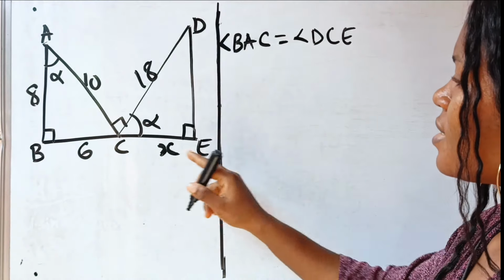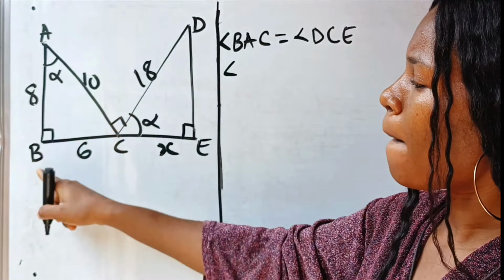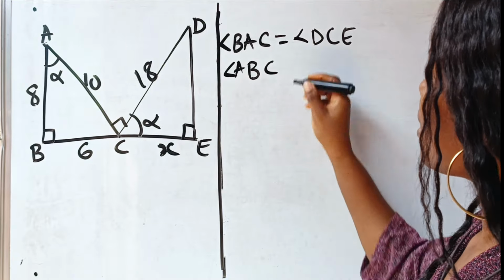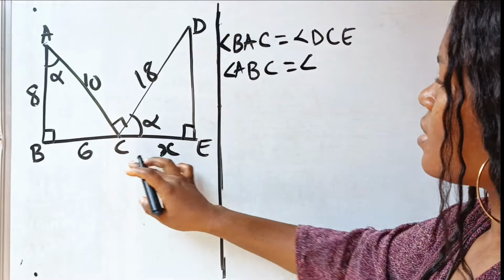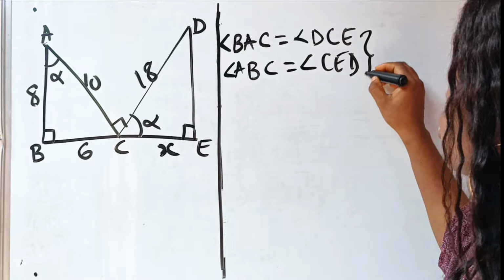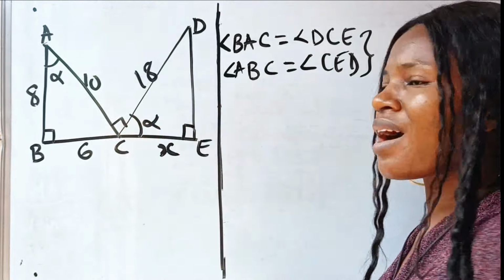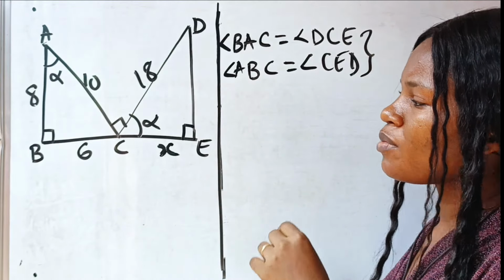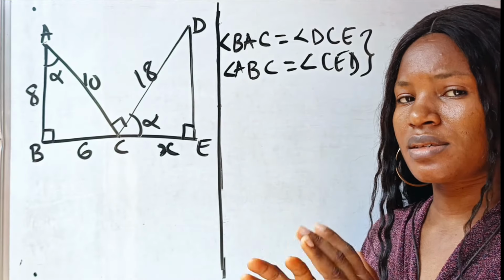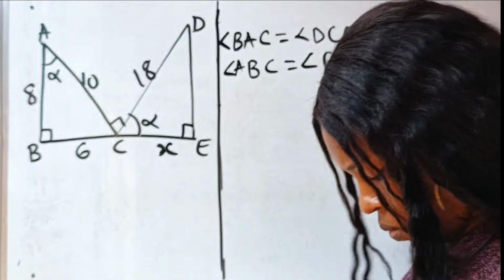Also, let's start with this triangle, angle ABC is equal to angle DEC, or CED. So you notice that the two triangles share two angles that are equal already. That means these two triangles are similar. And if they are similar, then the ratio of their corresponding sides are equal.